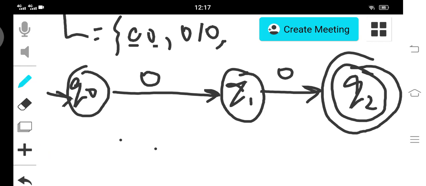Sorry for this interference. So we are going to create a finite automata which accepts a minimum of two zeros, starting with 0 and ending with 0.